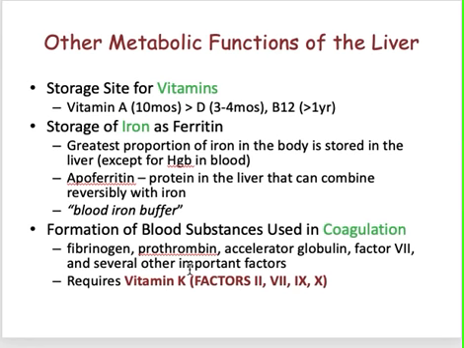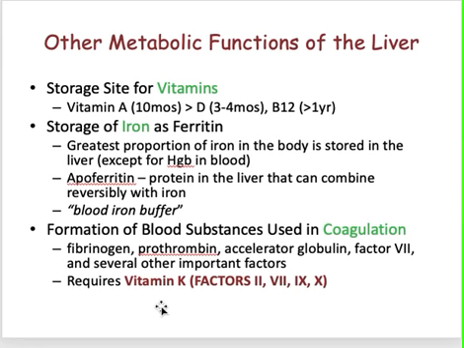Another important function of the liver is the formation of blood substances used in coagulation. So your coagulation factors such as your fibrinogen, prothrombin, accelerator globulin, factor 7, and several other important factors. And your liver requires vitamin K in order to be able to synthesize these coagulation factors. And these factors are what you call vitamin K dependent factors, or factors 2, 7, 9, and 10.